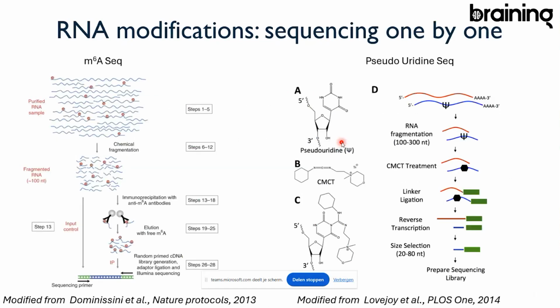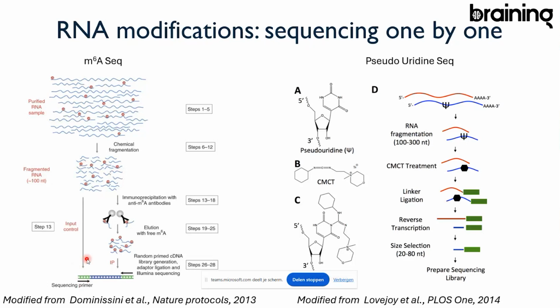So how are RNA modifications usually looked at? Well, basically one by one. So for example, if we look at methyladenosine sequencing, what happens is you purify your RNA. As you can see, there are some methyladenosine bases present, right? You fragment your RNA because that's what you do in short-read sequencing. And then you have your input control where you will sequence all the RNA that you have.